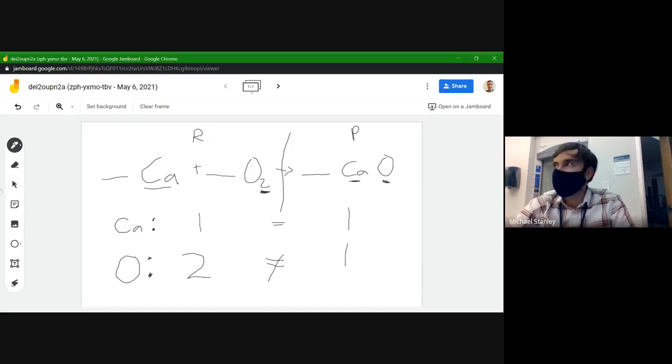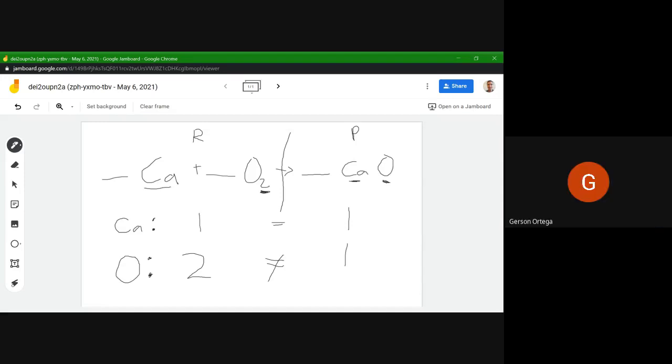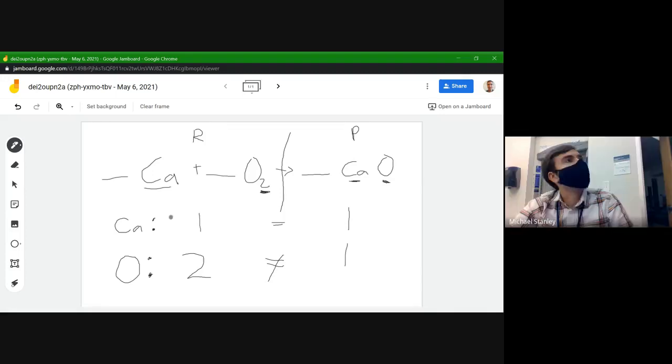So take it away. Yeah, Gerson, go for it. So we need to add a coefficient of 2 on the reactant side? Or no, on the product side? Well, I think that could be a good thought.